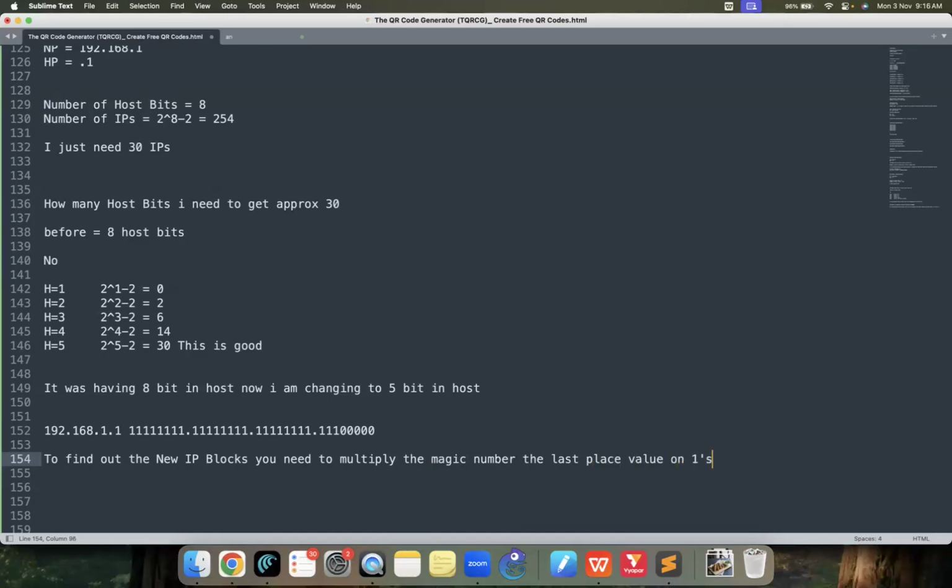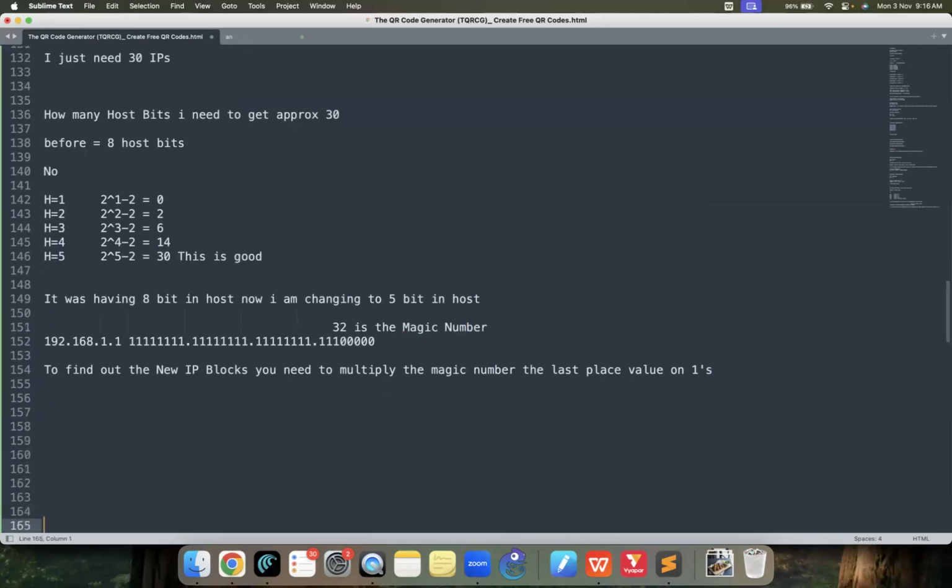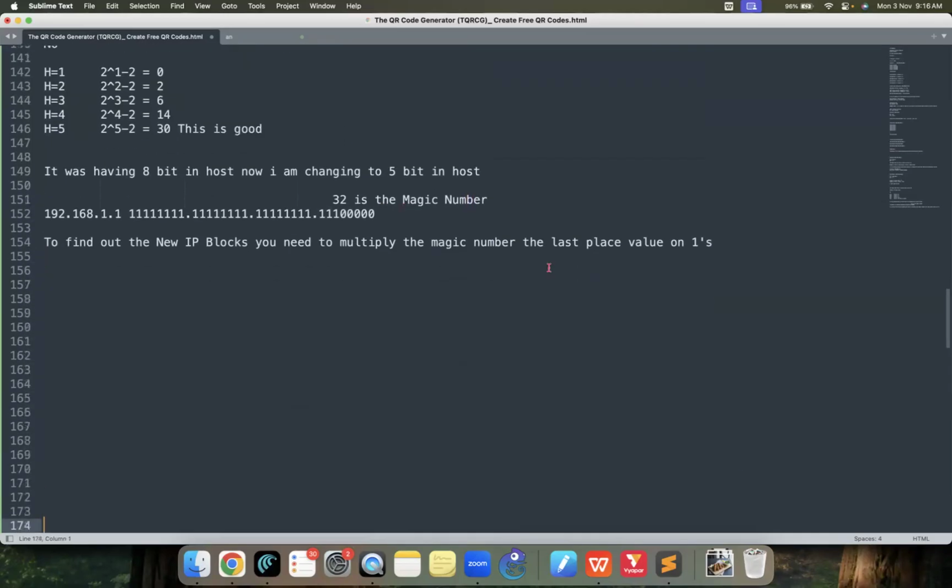Here you can see this is the block I was touching on, right? The last one's place value is what? It is 128, it is 64, this one is 32. So the place value of that number is 32, and that becomes the magic number. 32 is the magic number. Now I am going to simply increment by 32 to get new IP blocks.